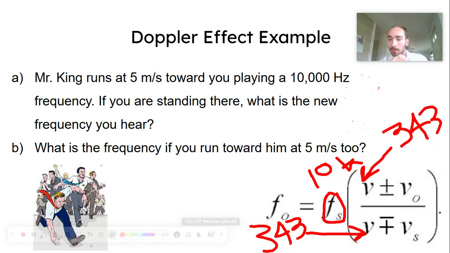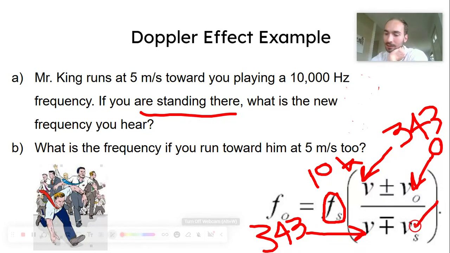And we know that I told you you're standing there. So that means the observer is not moving. So that one's 0. And then I'm the source, I'm playing the sound, and I'm going 5. Okay?